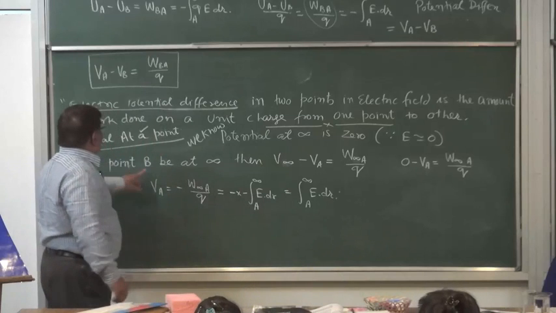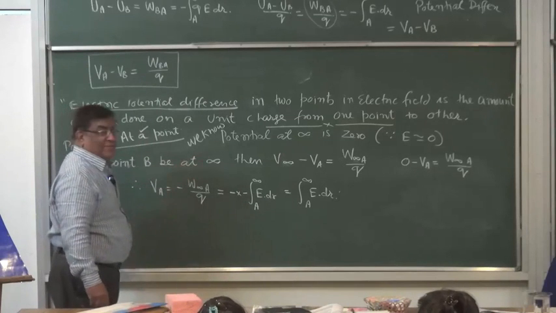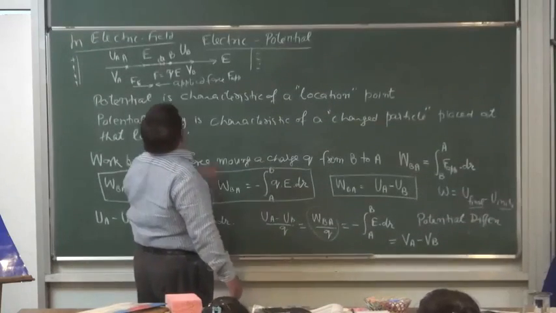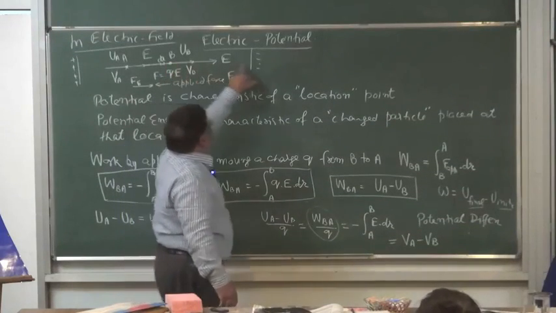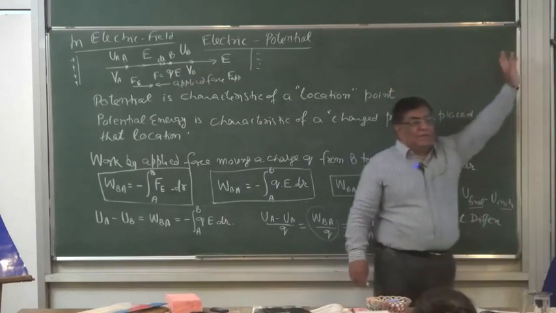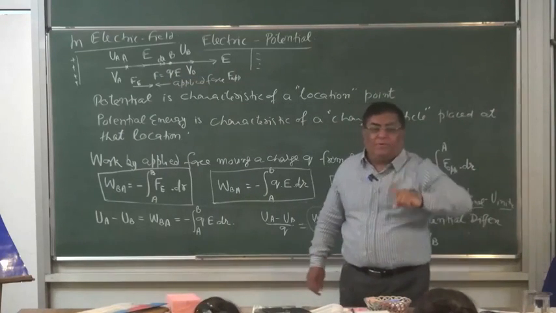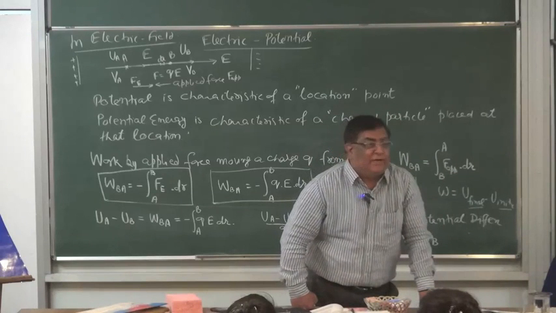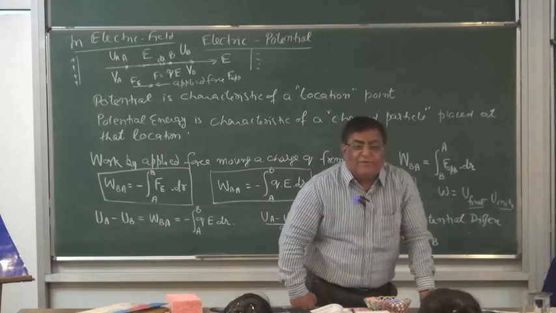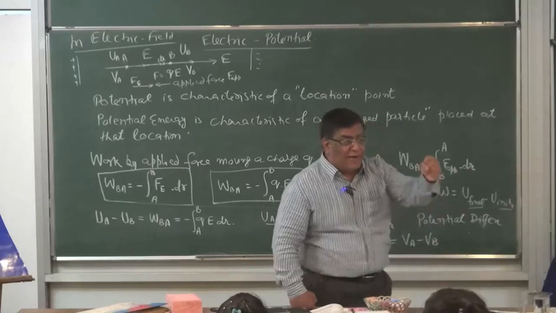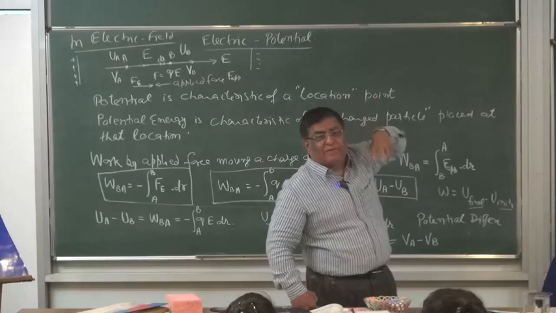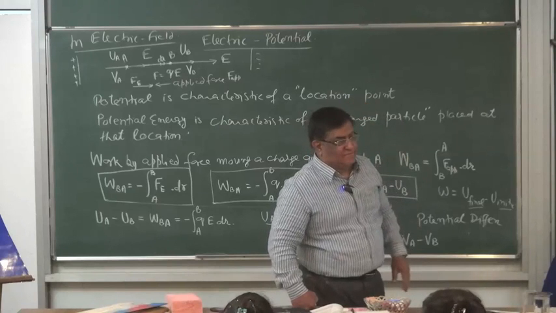Now let the point B be at infinity. Where have we moved this point B, far away? To infinity. Now what will be the definition of VA minus VB? The definition of potential difference VA minus VB is you bring a charge from infinity to point A and that will be the potential difference.